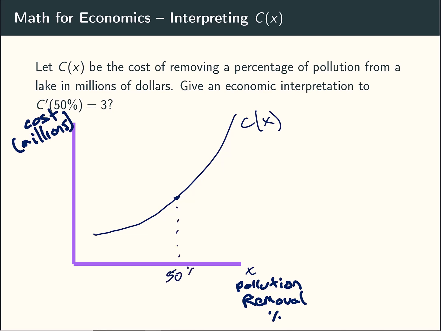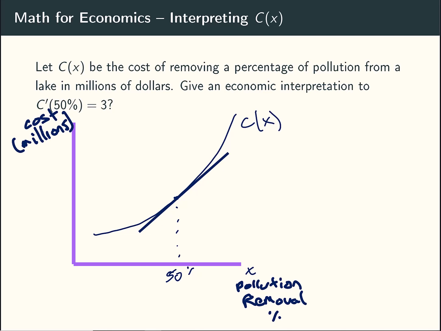Well, I can identify a point at 50%, where we've removed 50% of the pollution from the lake. What would be the additional cost? Well, the additional cost, the instantaneous rate of change, is $3 million. That should be equal to the slope of the cost curve.